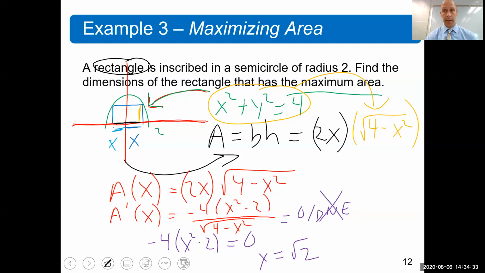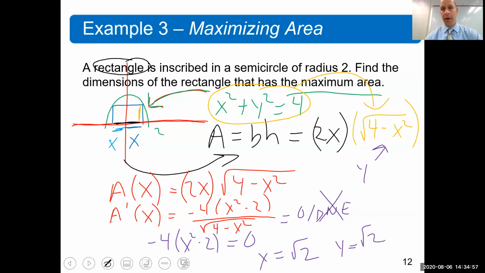You could tell me the coordinate is negative square root of 2, but not the length. So I know what x is. So what would y be? Well, y is defined right up here. If we plug that in, square root of 2 squared would be 2. So that's the square root of 2 as well.